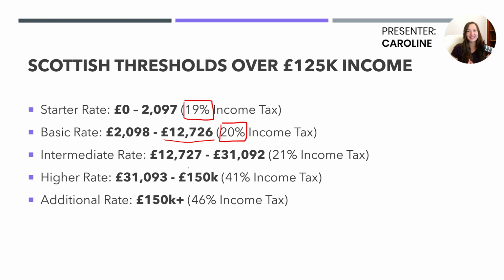The intermediate rate then goes to 12,700 up to 31,100, and that would be 21%. And the higher rate in this case starts at £31,100 up to 150,000, and that's 41% income tax again. So the UK was 37,700 for the higher rate starting point. In Scotland is 31,093. And the additional rate, exactly the same, £150,000 or more at 46% income tax.